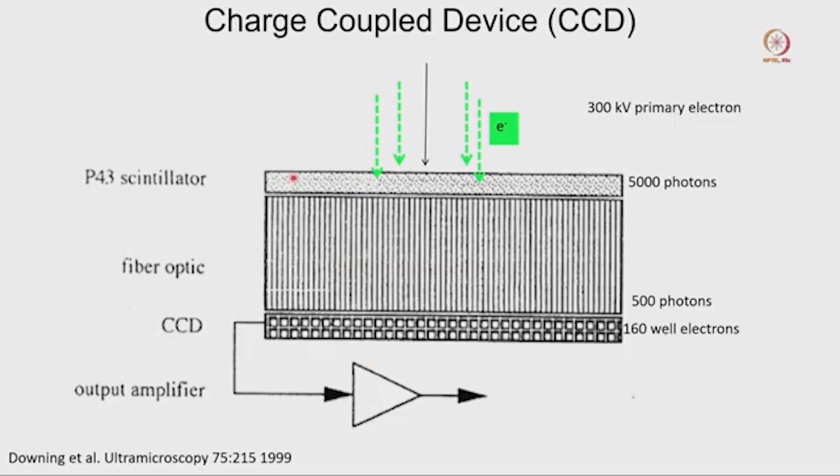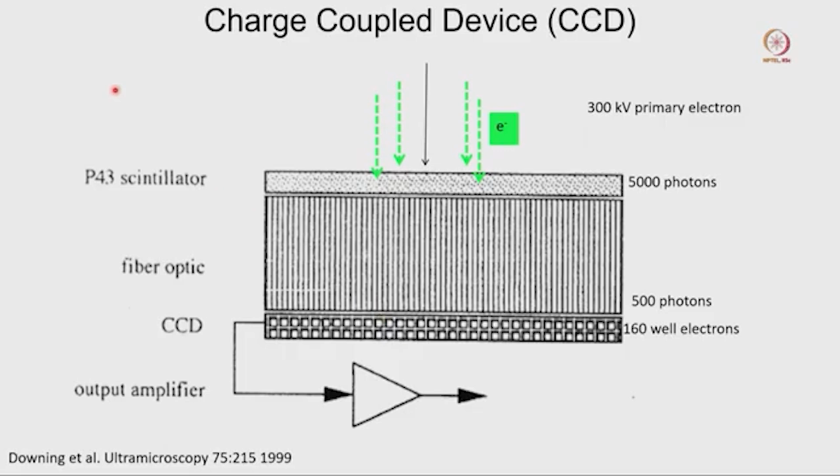When there is a scintillator, whenever an electron and photon interact, it generates some kind of signal which travels through this. One of the major problems is that there is a long distance it has to travel. When it is traveling, some of them deviate in a different direction, so not all of them go straight.